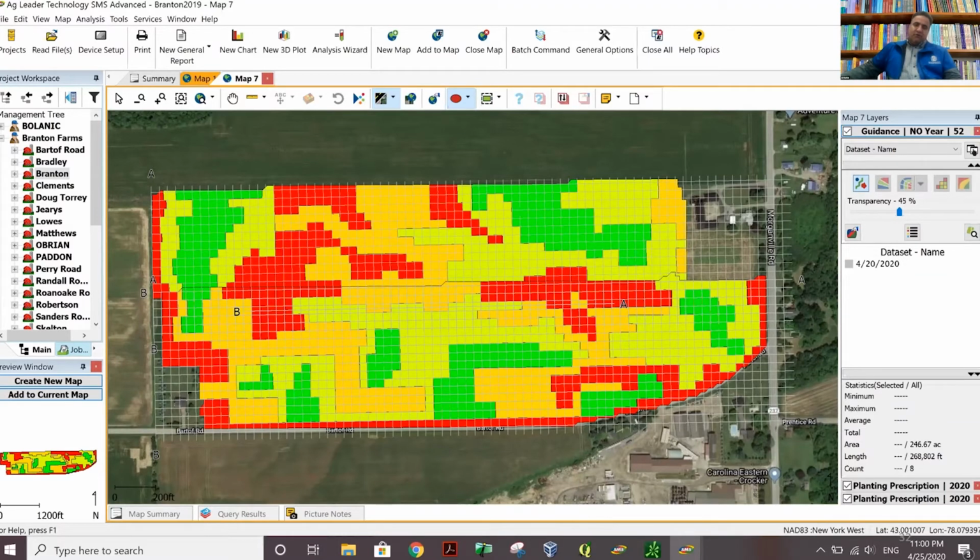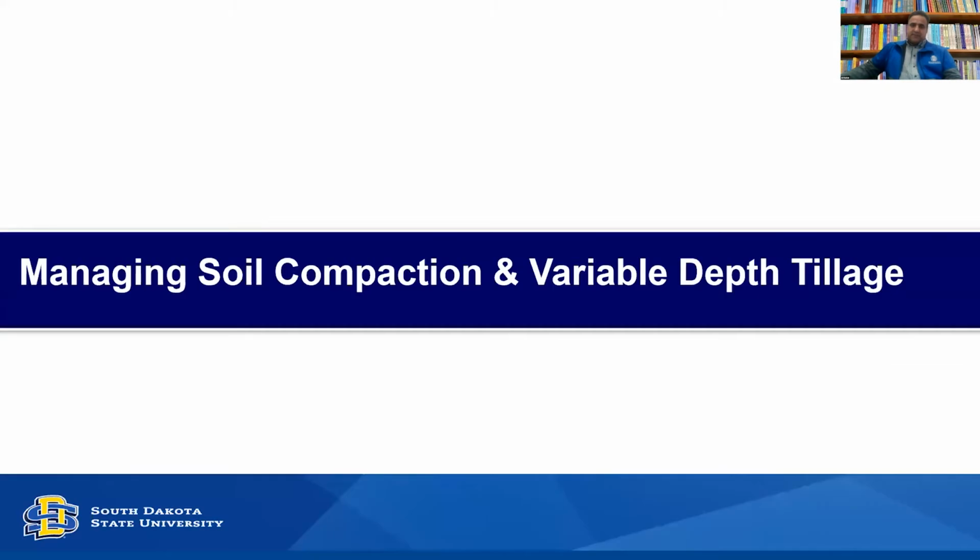Especially for pesticide or chemical application, spraying chemicals, yes, you can use variable rate, but for all other applications, for drainage, even manure application, we can help.